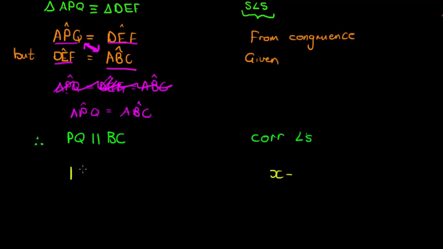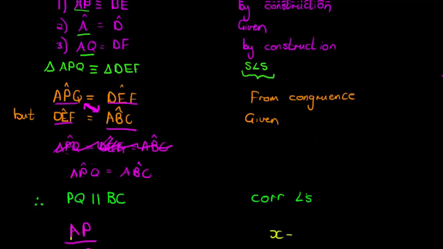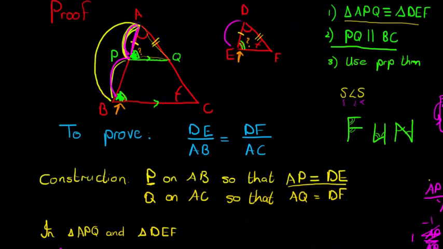So in other words, because of the proportion theorem, I can say that the top part, AP, divided by the whole line AB. I'll go to the sketch so you can see. AP, the top part, divided by the whole part is equal to the top part divided by the whole part.